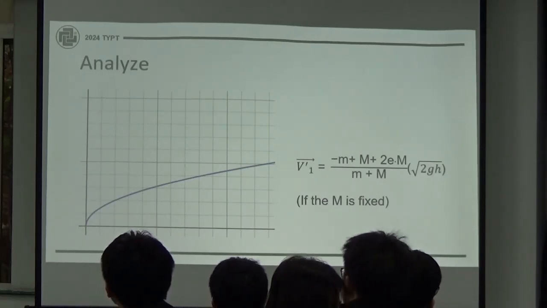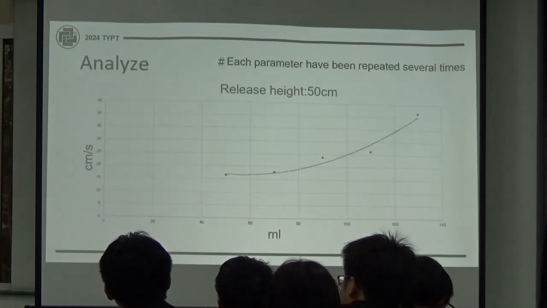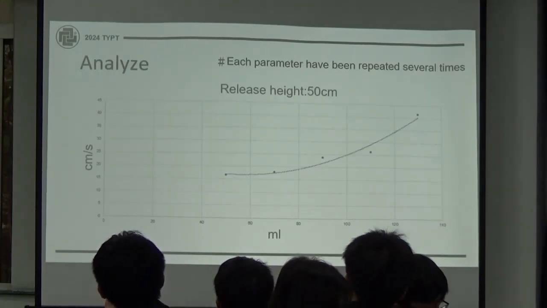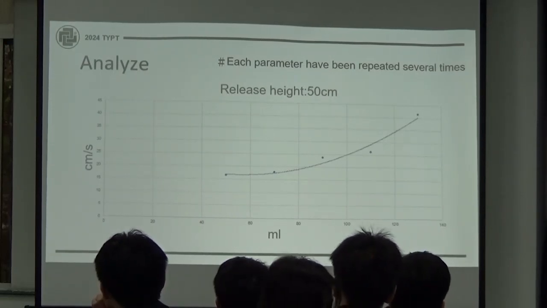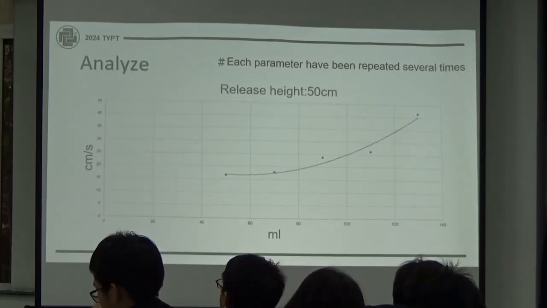The curvature of this line is not very similar to the last graph, but the trend is about similar. And in the next experiment, we fix our release height and change the water volume below. And we find out that the higher we drop the container, the faster the ping pong ball launches out.